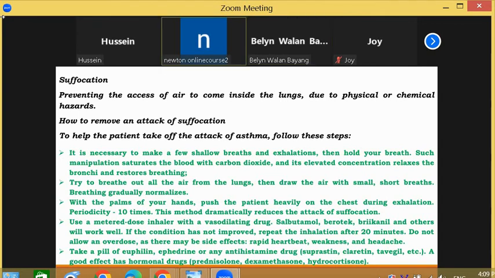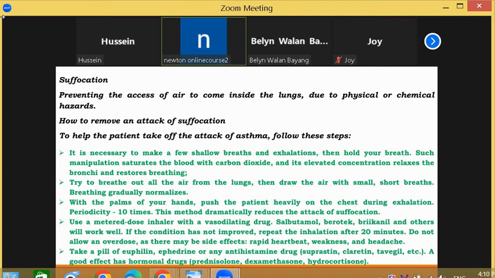Next, after 5 or 10 seconds, tell the patient to breathe deeply. Try to put all the air outside. Then after that, tell the patient to take small breaths. Then the patient's breathing will become normal. While the patient is doing that, you have to place one palm on the patient's chest during the exhalation.